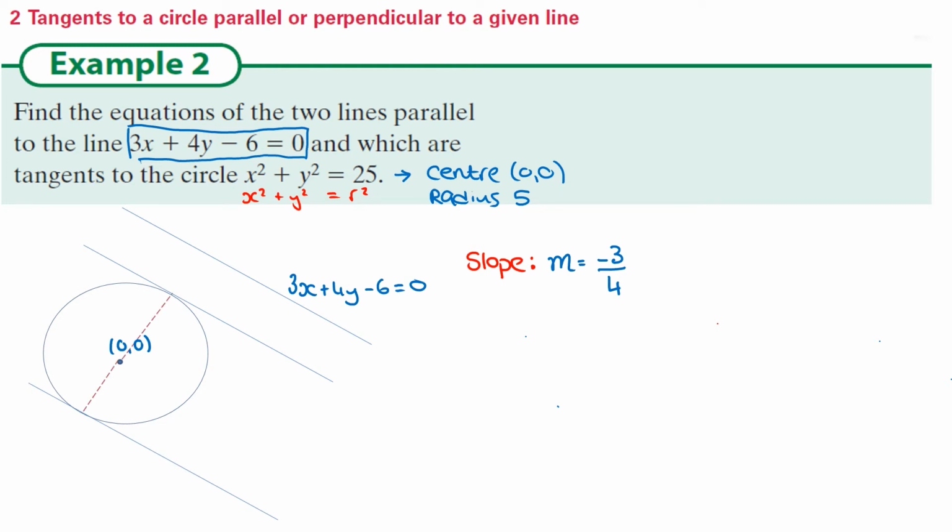Now, I have a little bit more information that I can put in here. That's 5. This is also 5. I know that the slope of both of these lines, because they're parallel, is going to be the same as the one above. And I now am able to do a little bit of work.